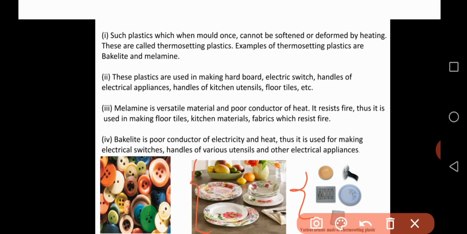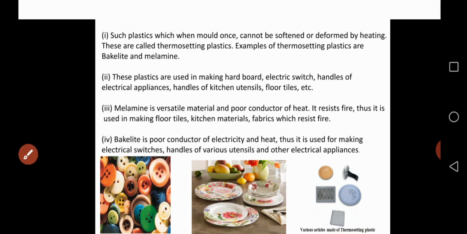This one is melamine, and this one is bakelite. We also use these plastics in handles of kitchen utensils, floor tiles, and some other places. This very important type of plastic is called thermosetting plastic.